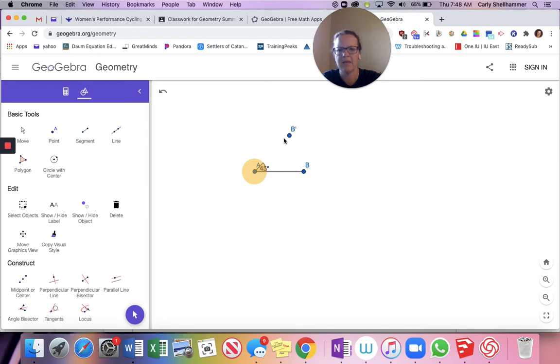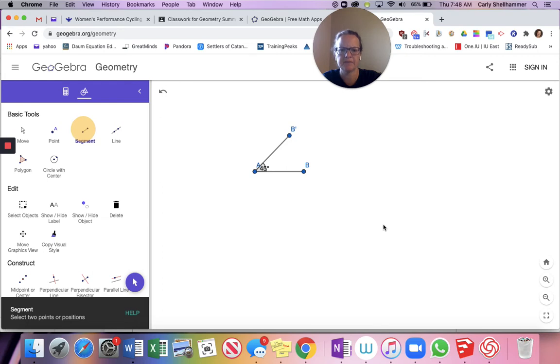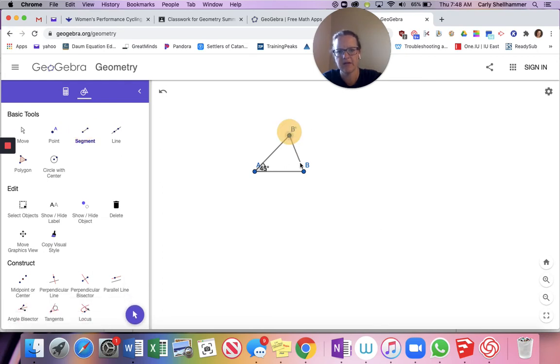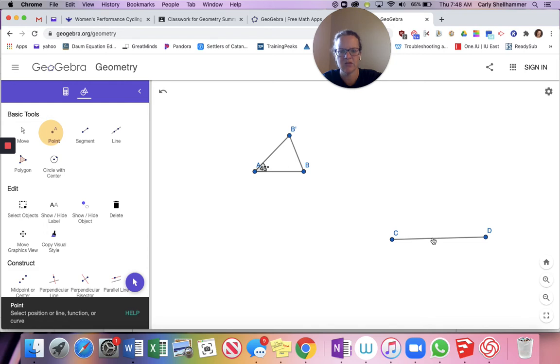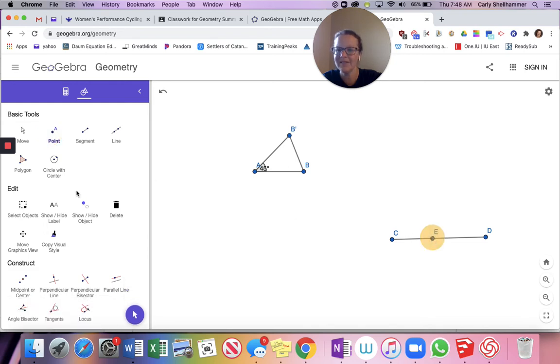So segment AB prime is the same distance as AB. I'm going to try something though. I'm going to do another segment. Well, there's my triangle with one 45-degree angle. Let's do another one that is visibly different. Let's see if I put a point on it that's shorter. Let's see what happens there.